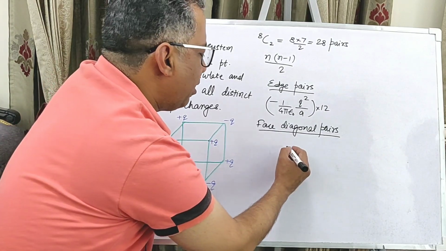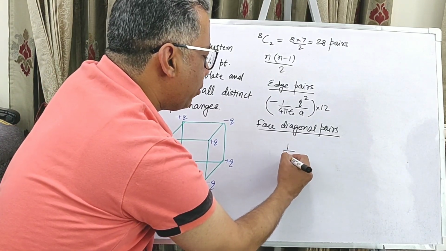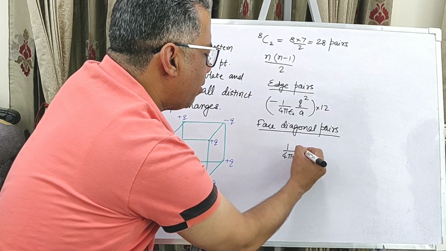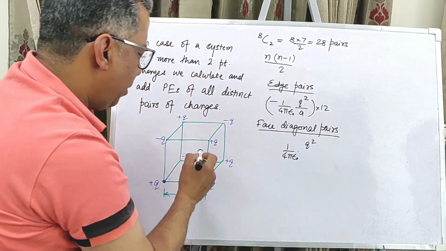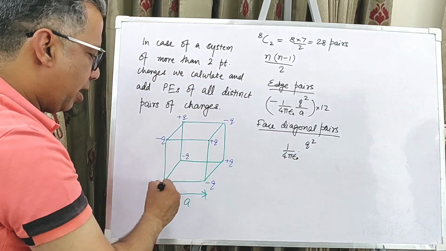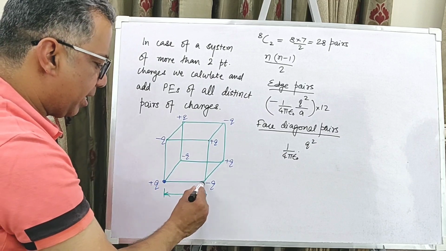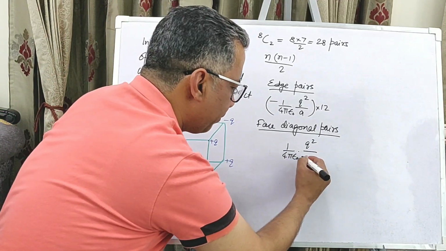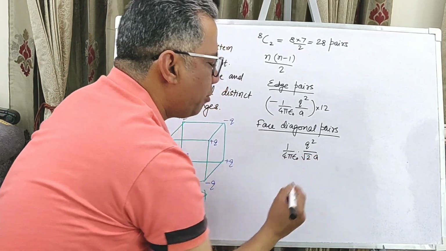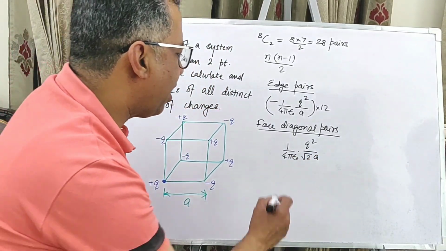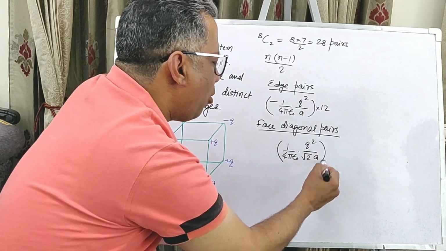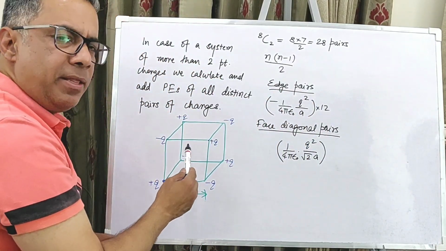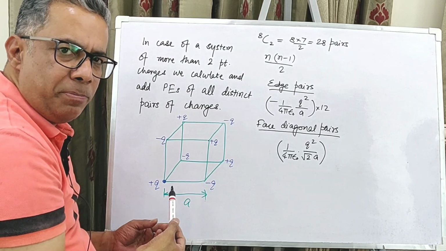So for face diagonal pairs, one pair has a potential energy 1 by 4 pi epsilon naught Q square by the distance between two charges on the face diagonal. Now this is A, and therefore this would be root 2A. That's potential energy of one face diagonal pair. And how many face diagonal pairs are there? There are 6 faces of a cube.